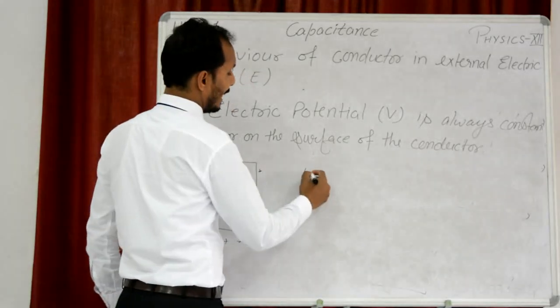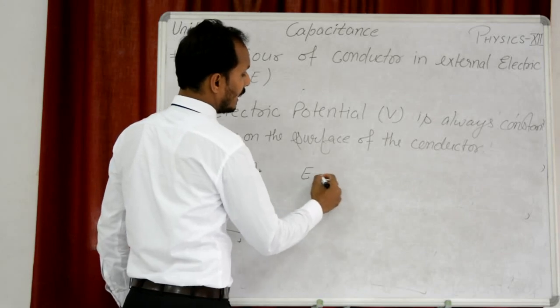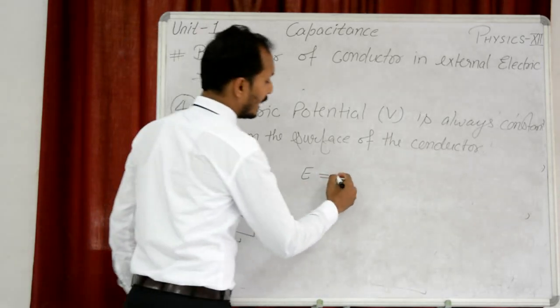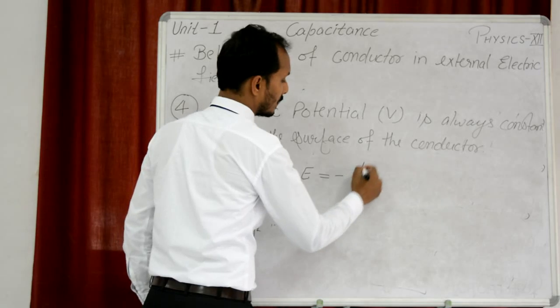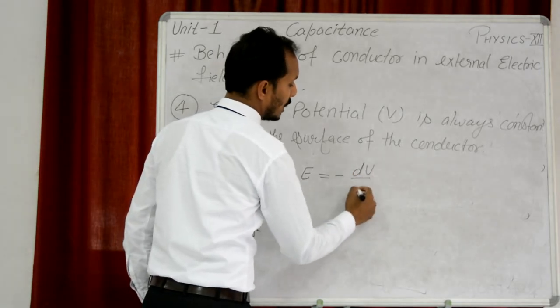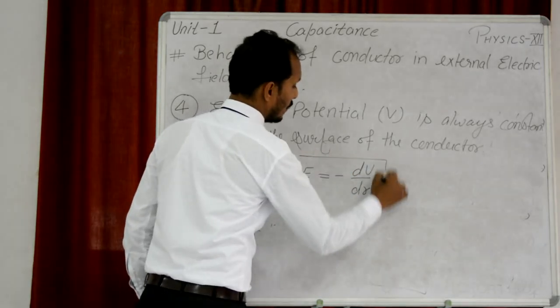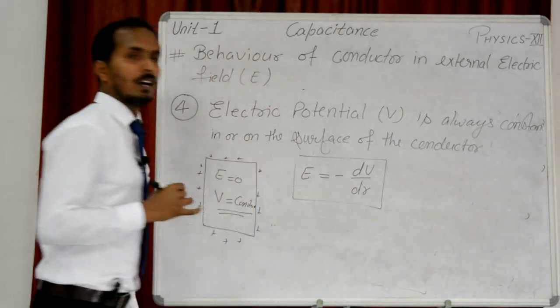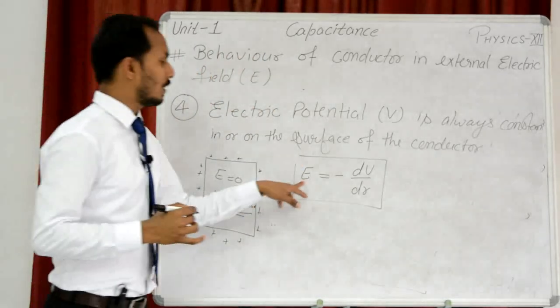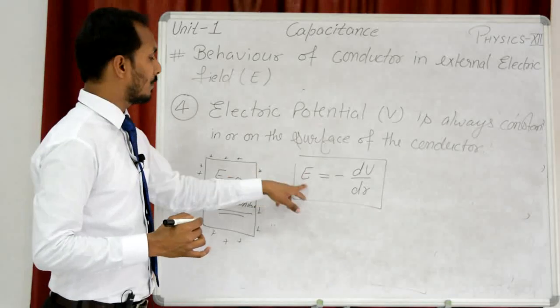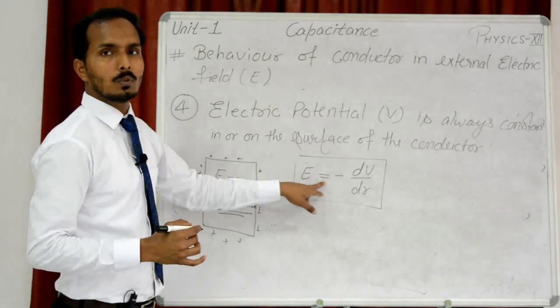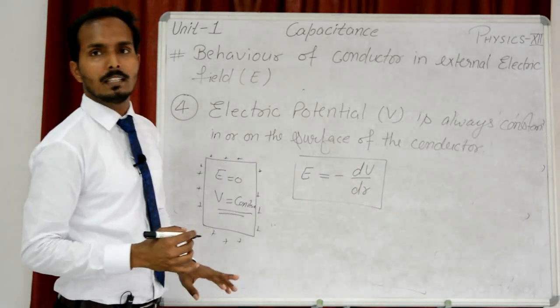We know that electric field is equal to the negative of the potential gradient. We well know about this formula. E, the electric field at any point, is equal to the negative of the potential gradient.